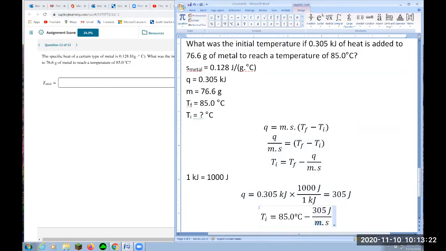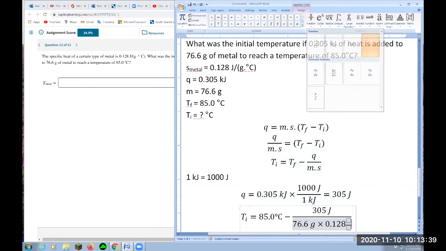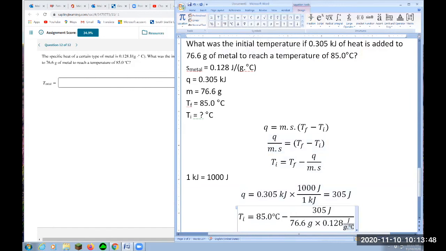M is 76.6 grams. And then times, that's a times. S is 0.128, and that's in units of joules per gram per degree. So that's everything in there.